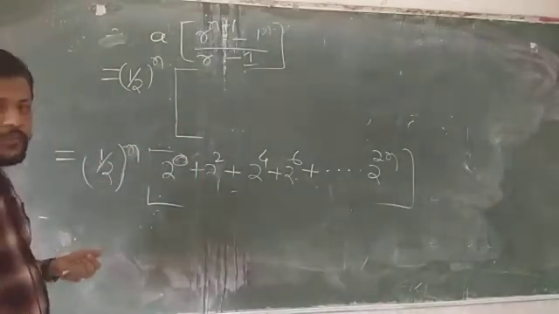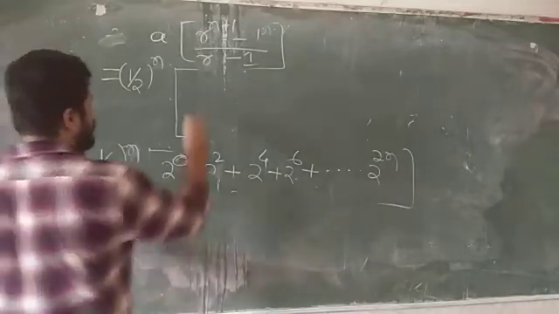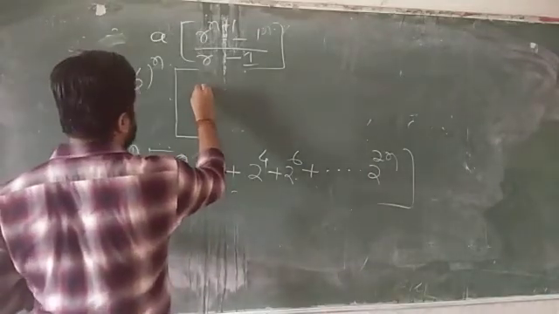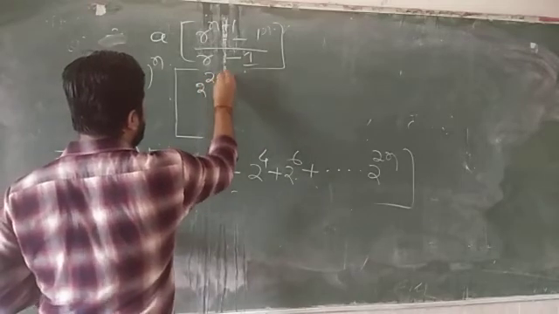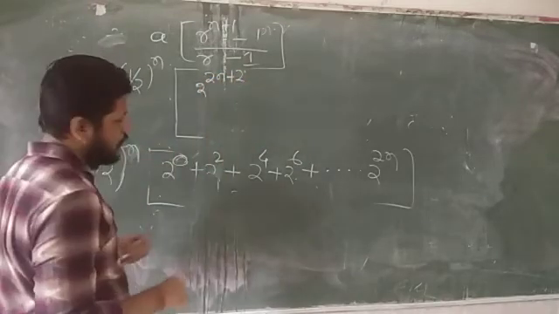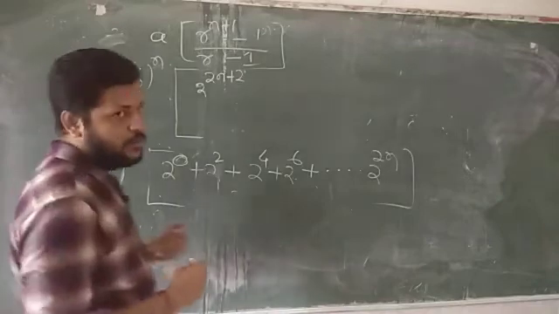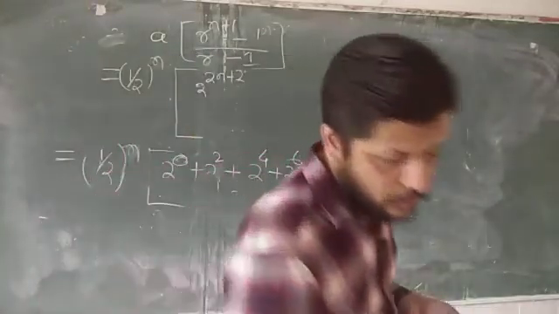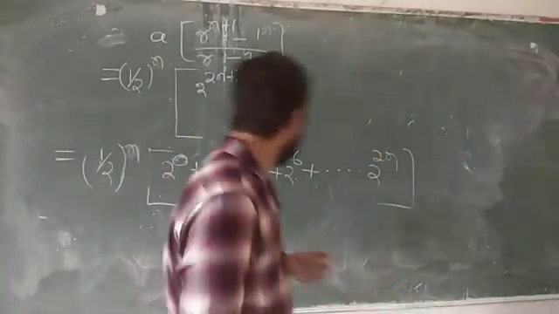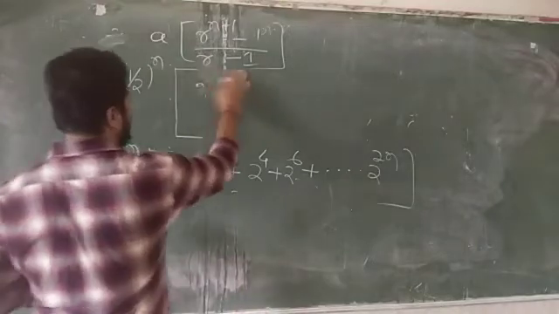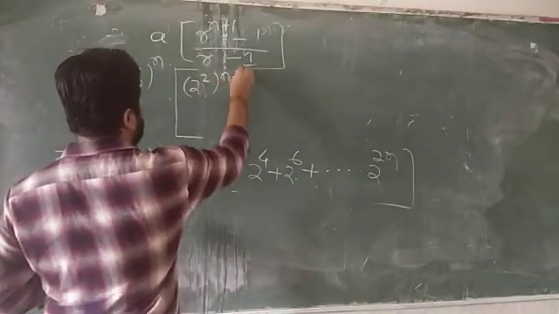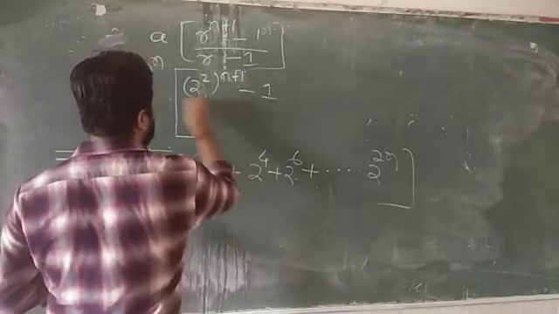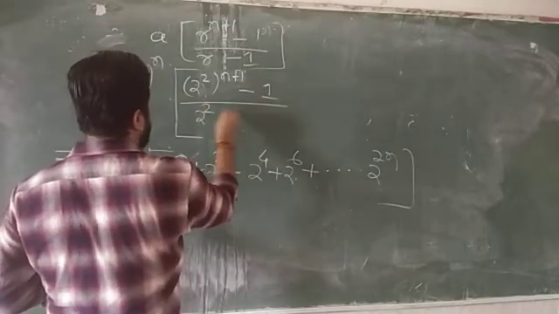So r to the power n plus 1 means you have 2 square whole to the power n plus 1, that is 2n plus 2. In place of r you have to put r as 2 square, so 2 square whole to the power n plus 1. So just like that I have multiplied directly, 2 square whole to the power n plus 1 minus 1 divided by 2 square minus 1.